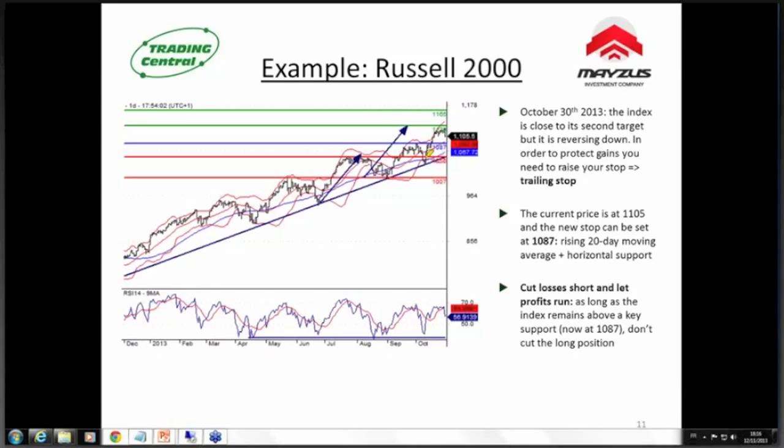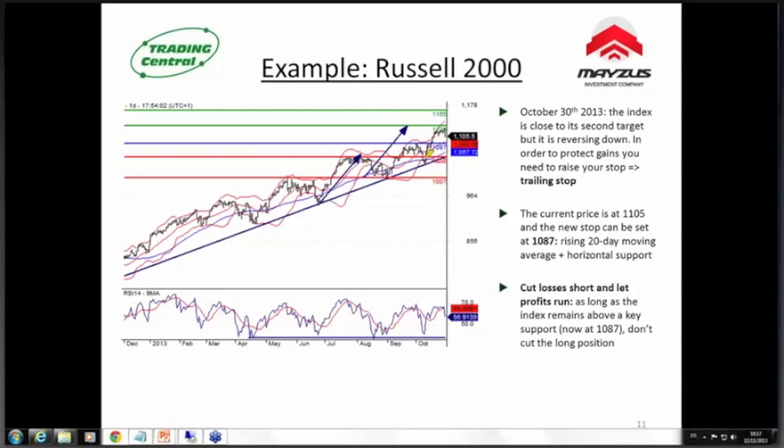Now, in this example on October 30, the new stop loss, the new pivot point should be more aggressive than the previous one, because you have a positive long position. So the current price in this example is at 1105.